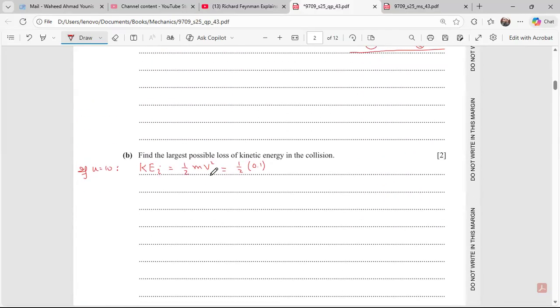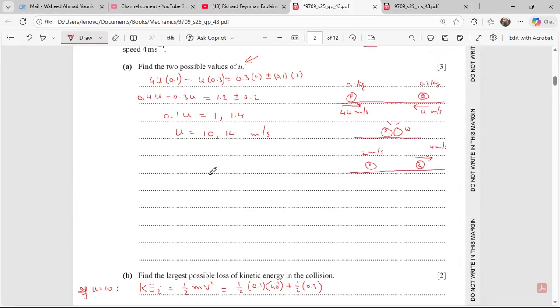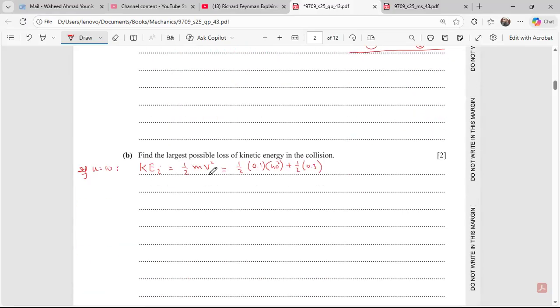So we will do half times 0.1 times 40 squared, plus half times the mass 0.3, and the speed was only u, which is 10, so it is going to be 10 squared. If I do all this math, it comes out to be 95.